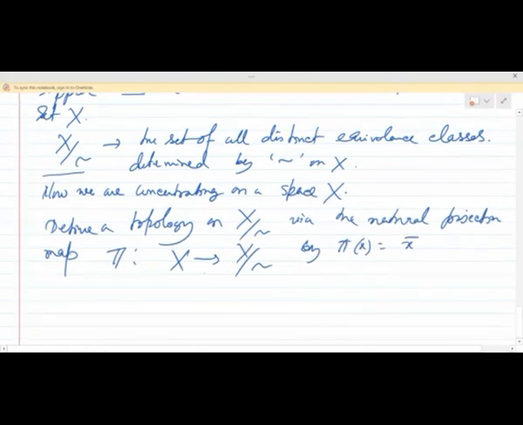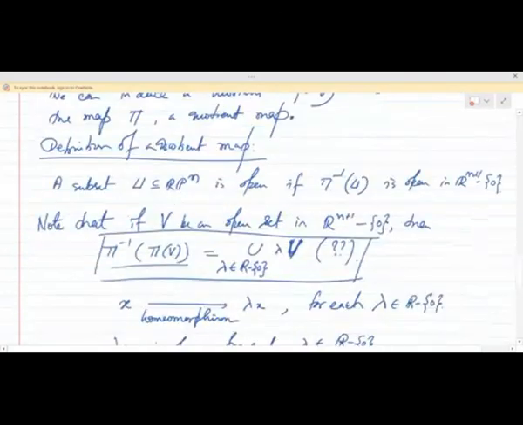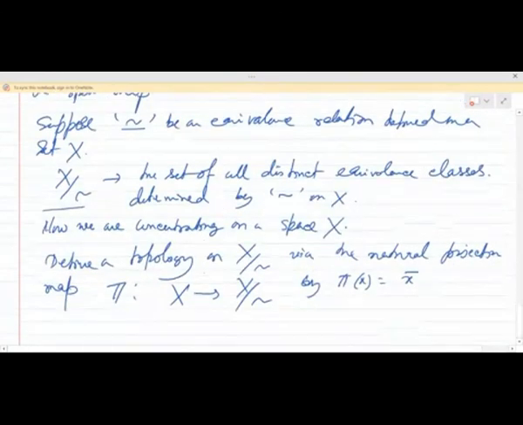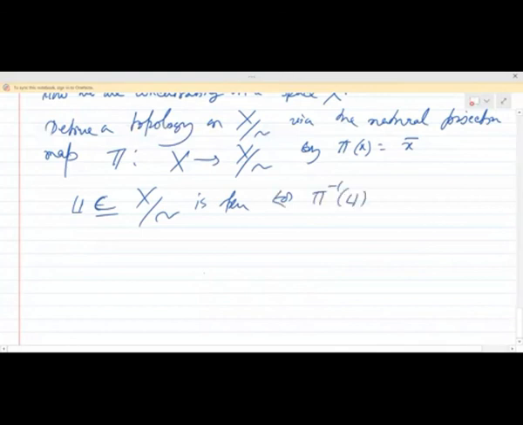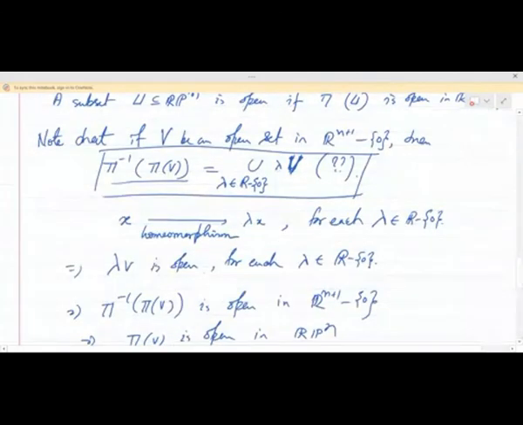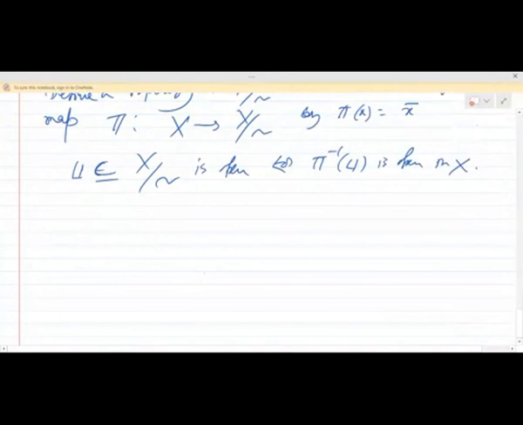A subset U of the quotient set is open if and only if phi inverse of U is open in X, the same way we defined it for RPN.